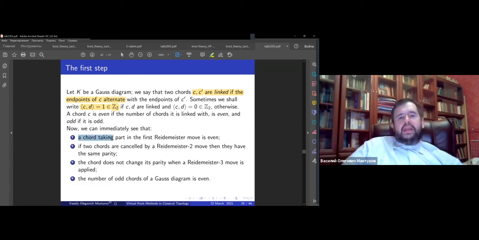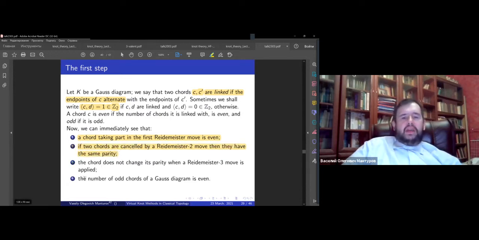So a chord taking part in the first Reidemeister move is even because 0 is an even number. This chord intersects nothing. If two chords are canceled by a second Reidemeister move, then they have the same parity, because they are just adjacent, they intersect the same things.